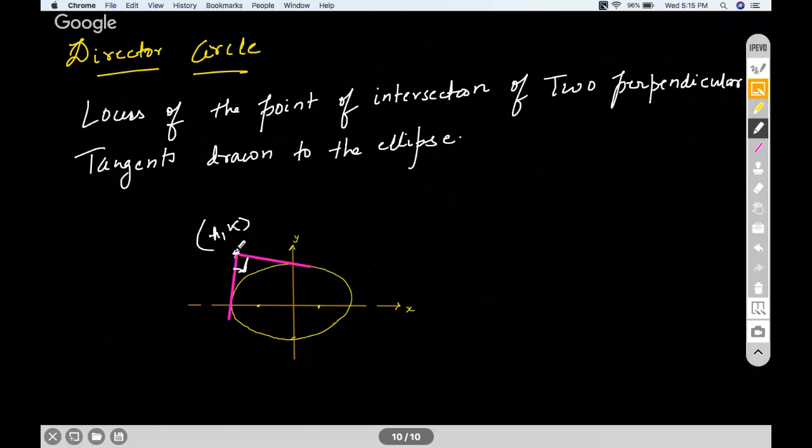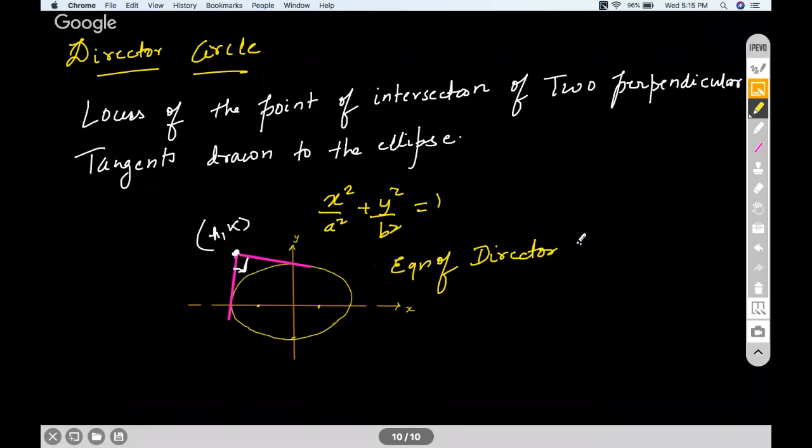So this locus would be a circle which is called the director circle, and prove that the director circle for the standard ellipse, the equation of the director circle is x square plus y square is equal to a square plus b square. So I would like all of you to please prove this quickly and type done if you're done with that.